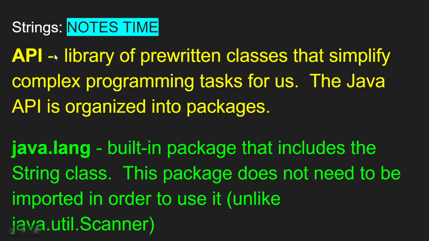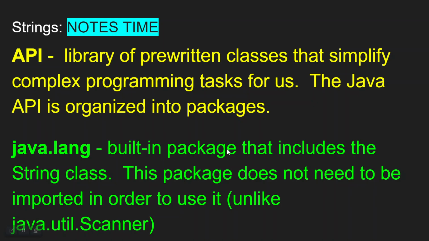So in computer programming in general, there is what's called an API, which is a library of pre-written classes that simplify complex programming tasks for us. And the Java API is organized into what are called packages. One of those packages is called the java.lang package.